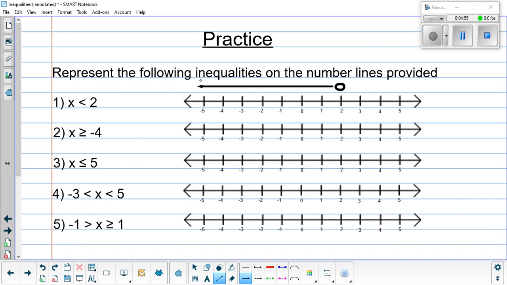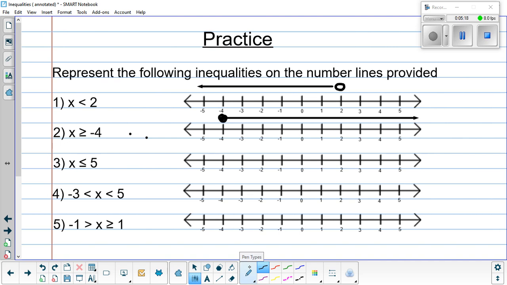Our next one, we have x is greater than or equal to -4. So we have -4, and we're greater than or equal. Greater than or equal means we shade it in, and then it keeps going to the right side because it's greater than.